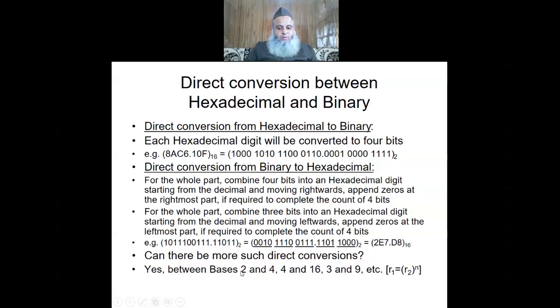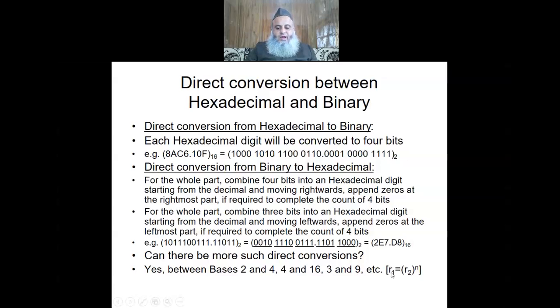2 and 4: if R1 is 4, then it is 2 to the power 2, so 2 bits will be required if we need to convert from base 4 to base 2. And 4 and 16: if it is 16, then 4 square is 16, so again 2 digits will be required if I am doing a conversion from base 16 to base 4. 3 and 9 similarly can be done.